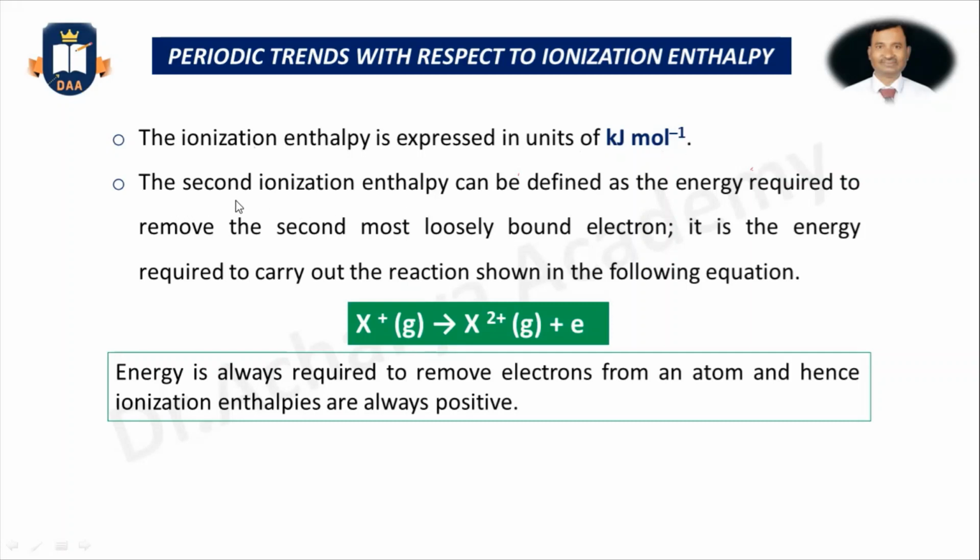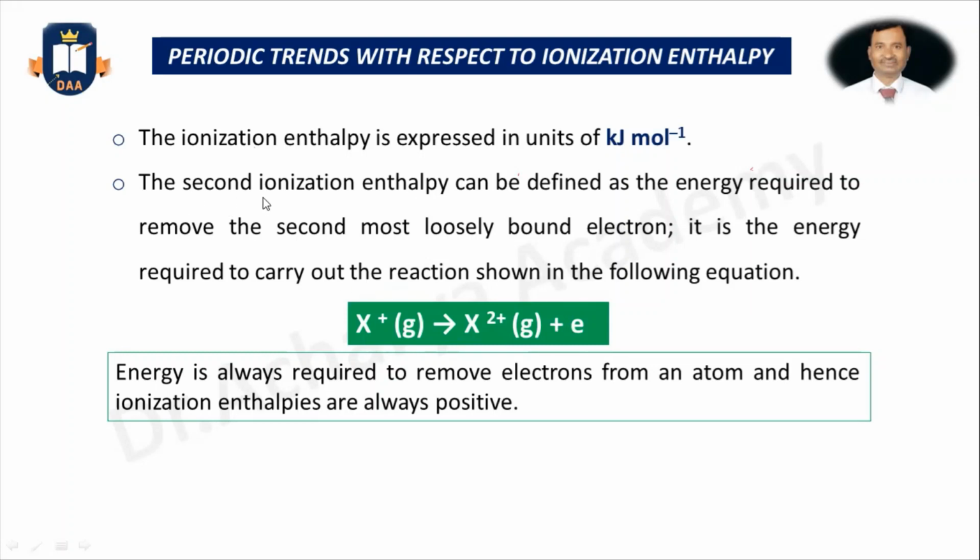The second ionization enthalpy means the second electron will be removed from this X plus cation in its gaseous state. So the equation will be like that: X plus in its gaseous state converts to X 2 plus in its gaseous state plus an electron.